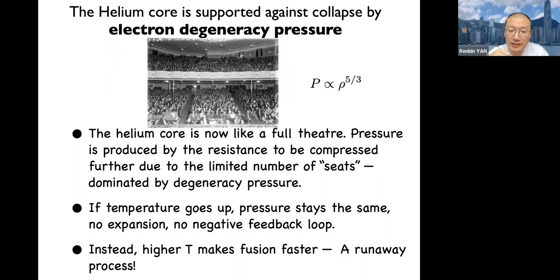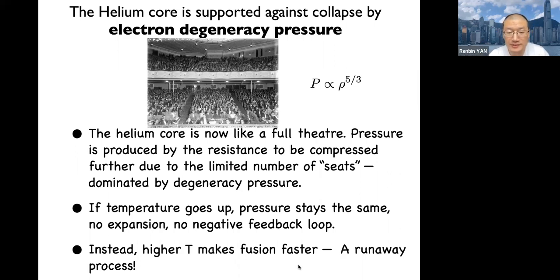And with the temperature getting higher, fusion rate will get even faster, right? So higher temperature makes fusion rate even faster, and that will raise the temperature even further, which makes the fusion rate even faster. There's no expansion of the core that tries to reduce the temperature. So there's no control.